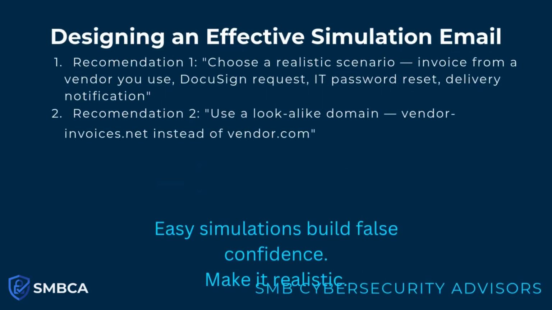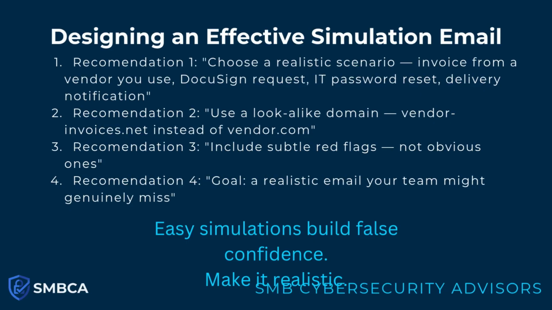How to design an effective simulation email. Choose a realistic scenario relevant to your business: an invoice from a vendor you actually use, a DocuSign request for a document, an IT password reset notification, a delivery notification from a shipping company.